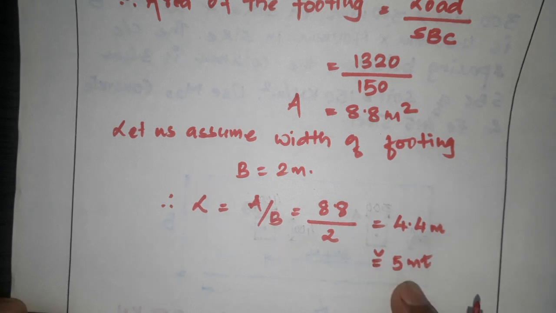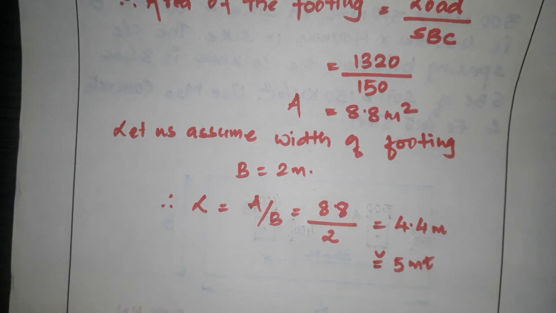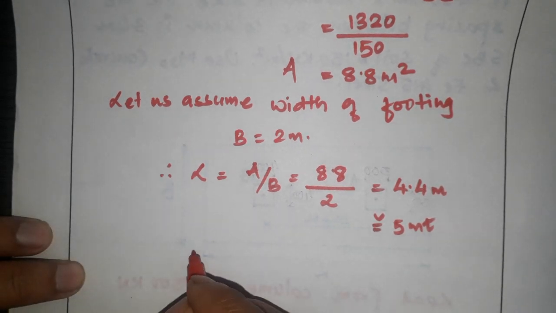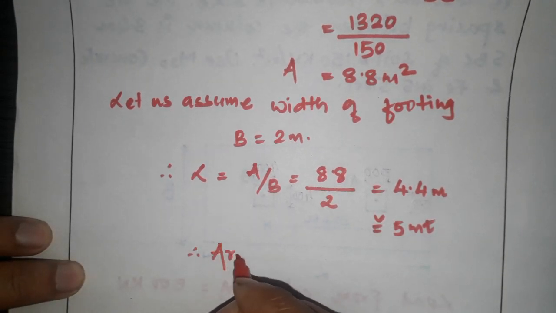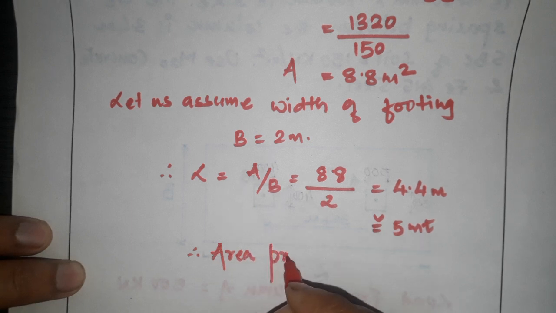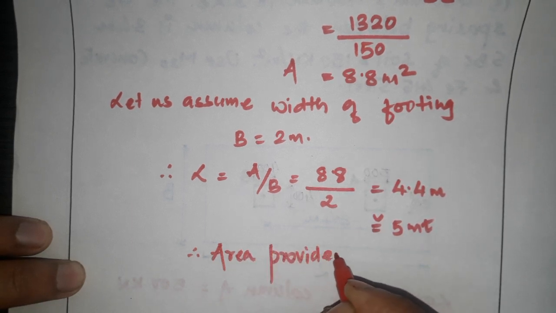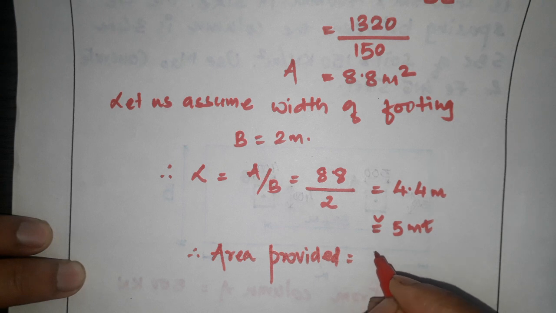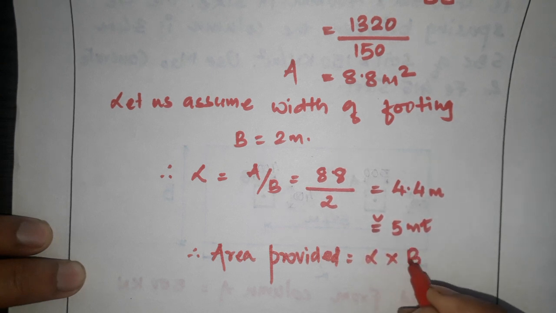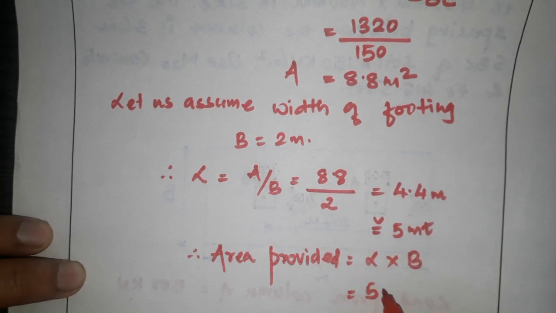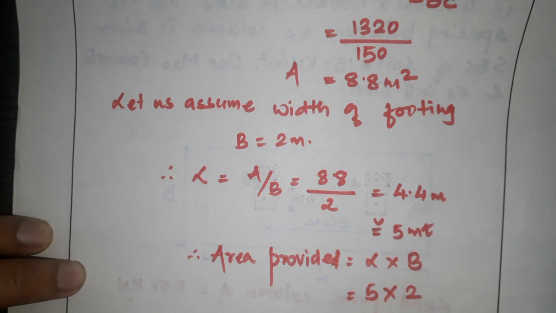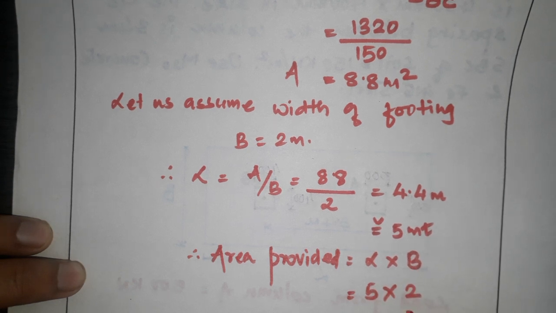I'll take it as 5 meter. The reason is, if you calculate the area provided, it is L into B again. L we have assumed as 5 meter and B as 2 meter, so we'll get 10 meter square.